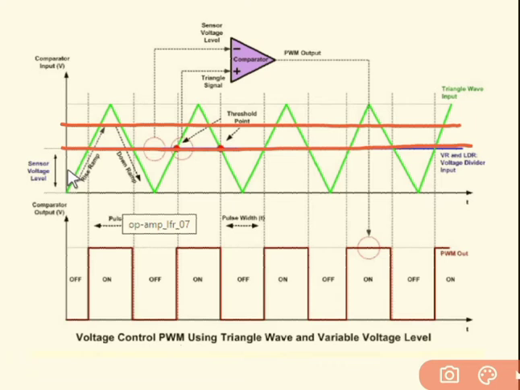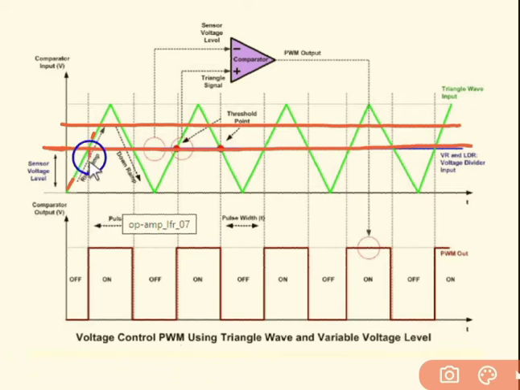First we understand how the PWM pulse is generated. In the comparator, plus is given to the triangular wave and minus is given to the output voltage. So whenever the magnitude of the triangular wave is higher than this value, the output of the comparator is high.